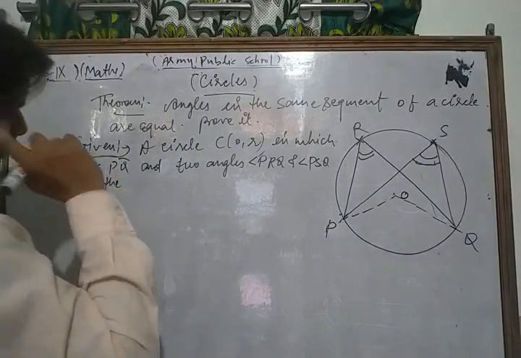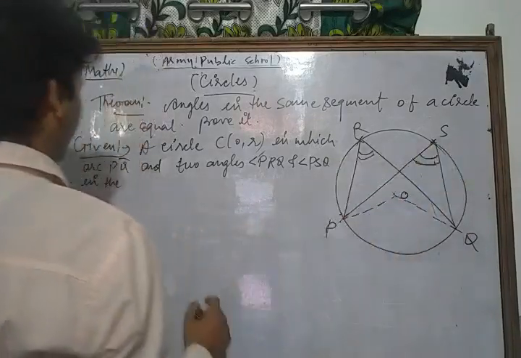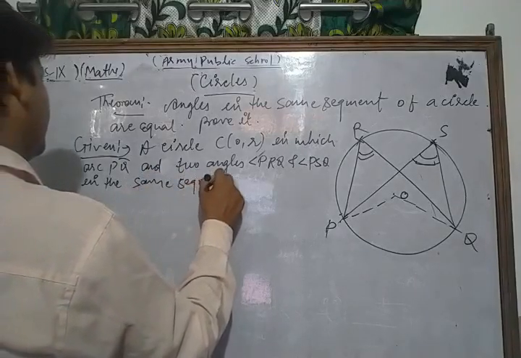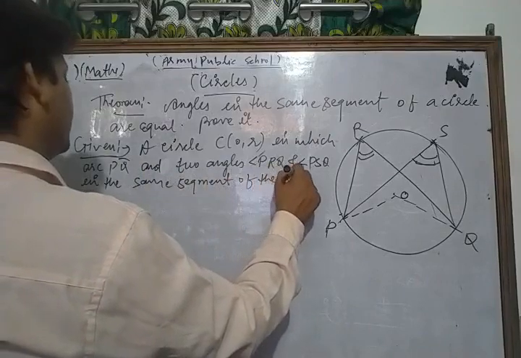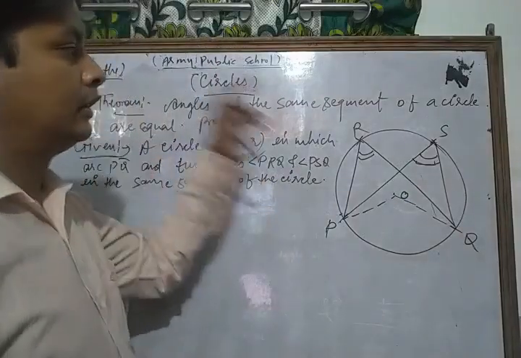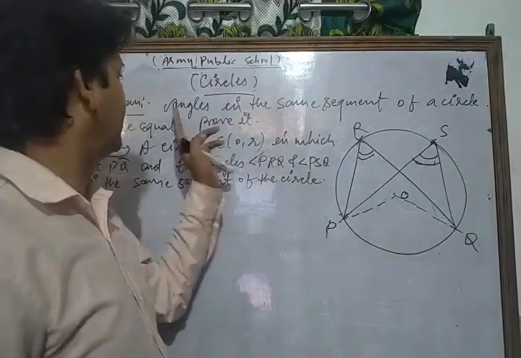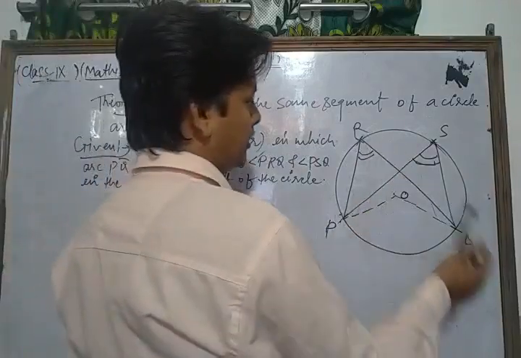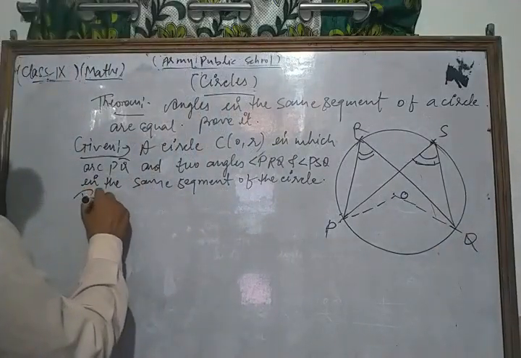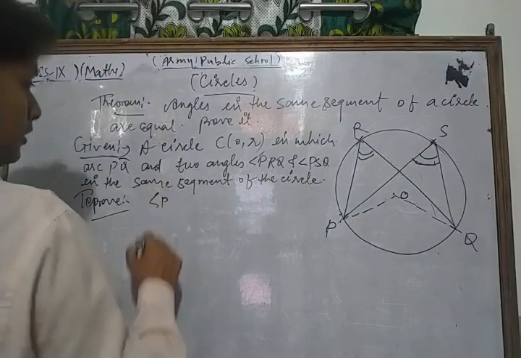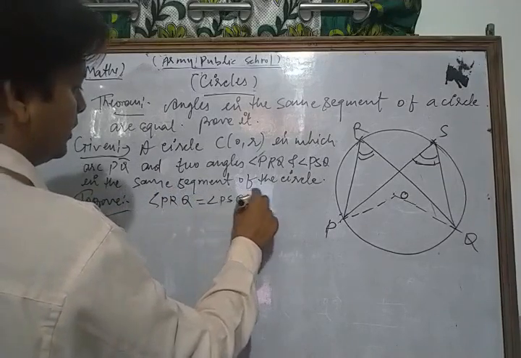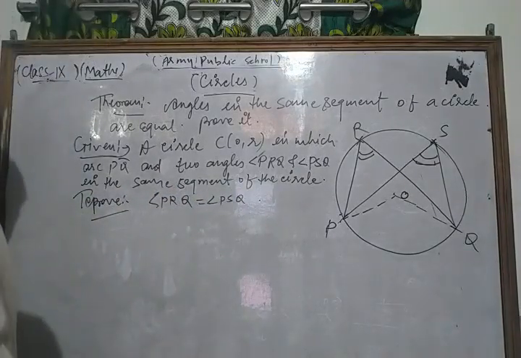Now what we have to prove is that angles in the same segment of a circle are equal, which means we have to show that angle PRQ is equal to angle PSQ.